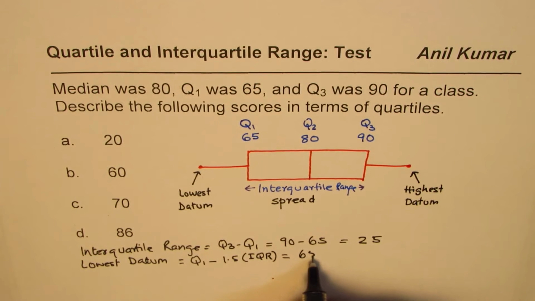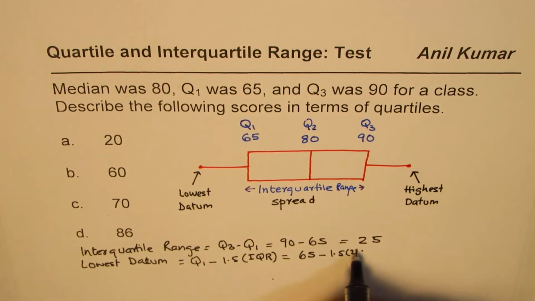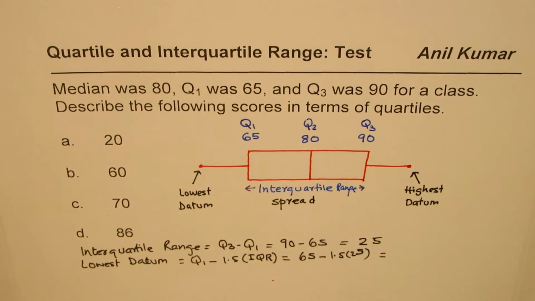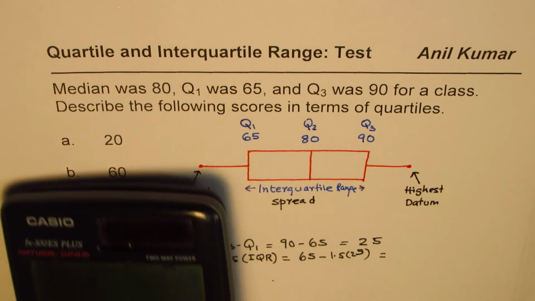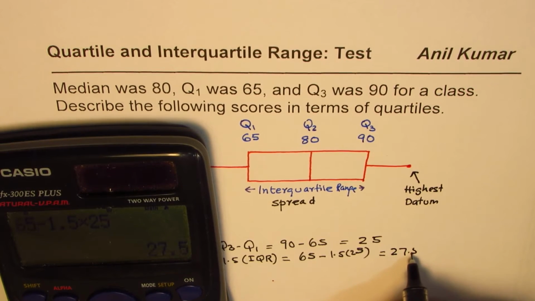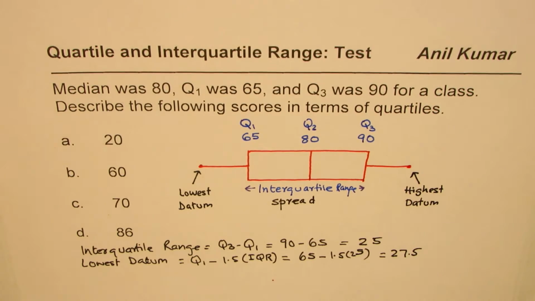Q1 is 65, take away 1.5 times 25. Okay, let's use the calculator to find the answer. So we have 65 take away 1.5 times 25. That in decimals gives us a value of 27.5, right? So this value really helps us to figure out if there is an outlier or not.